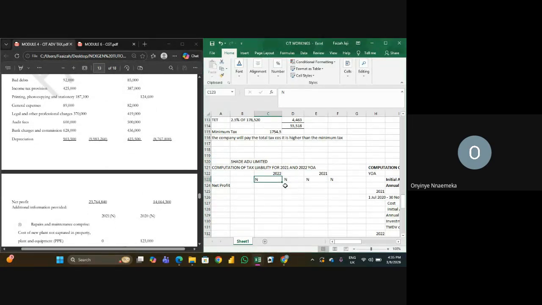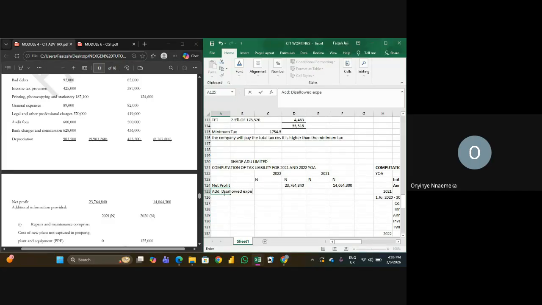So now net profit for 2022, we have 23,764,840. For 2021, 14,064,300. So we had this allowed expenses.